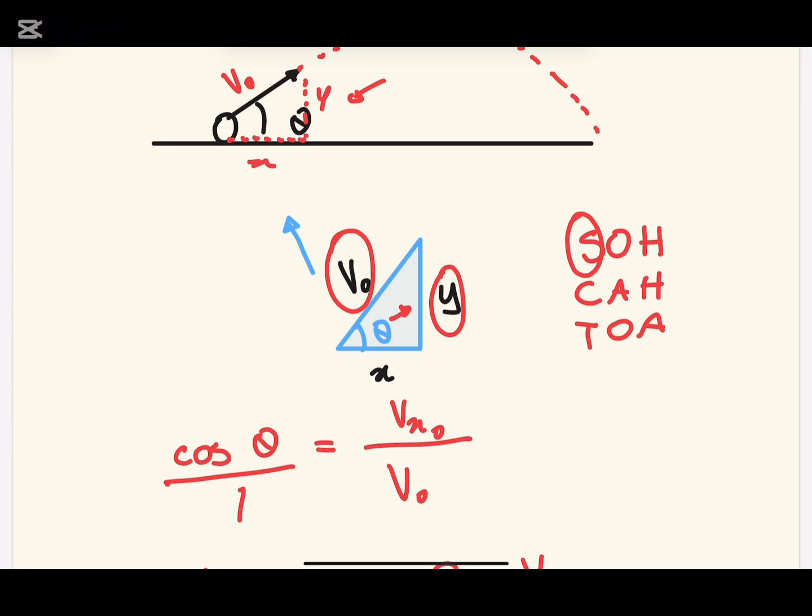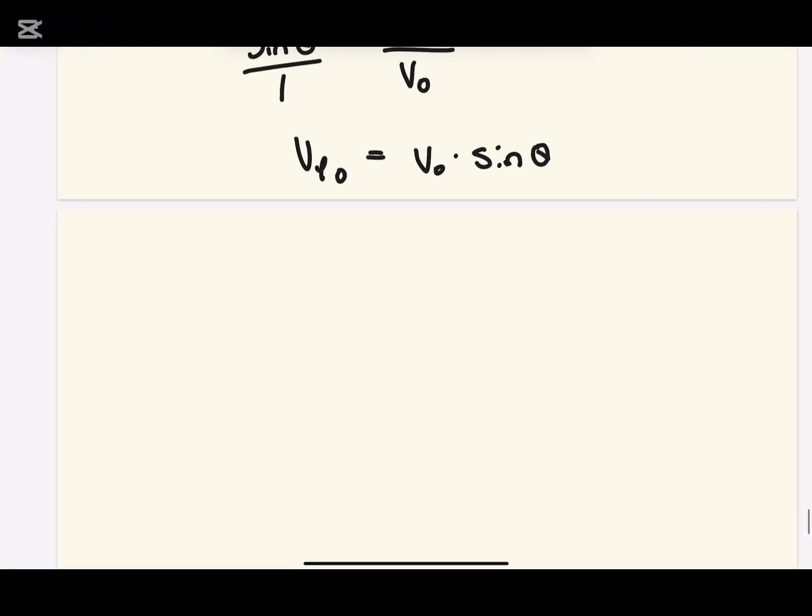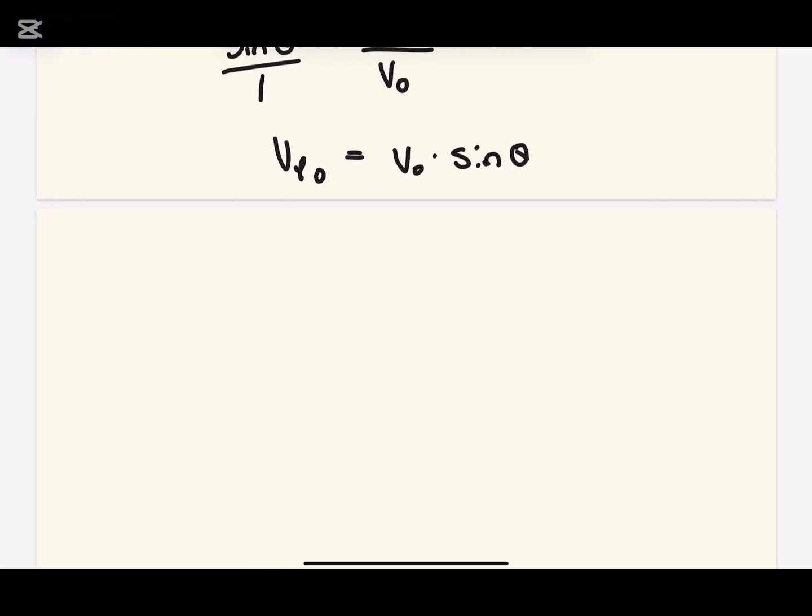Now, the golden rule of projectile motion is that horizontal and vertical motions are completely independent. The only thing they share is time. They have the same time. They do not have the same velocity.